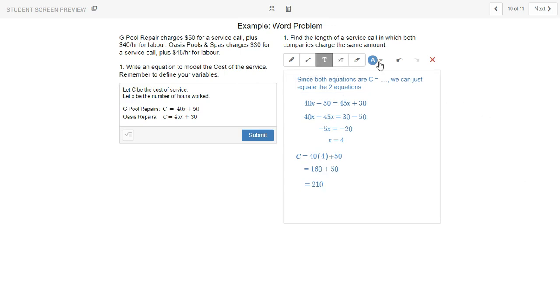So since this is a word problem, we're going to give it a word answer. The two companies will both charge $210 when there is 4 hours of repairs needed.